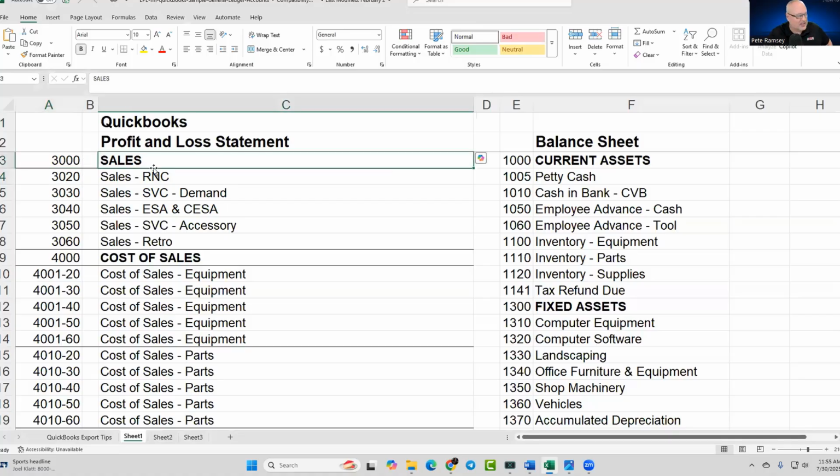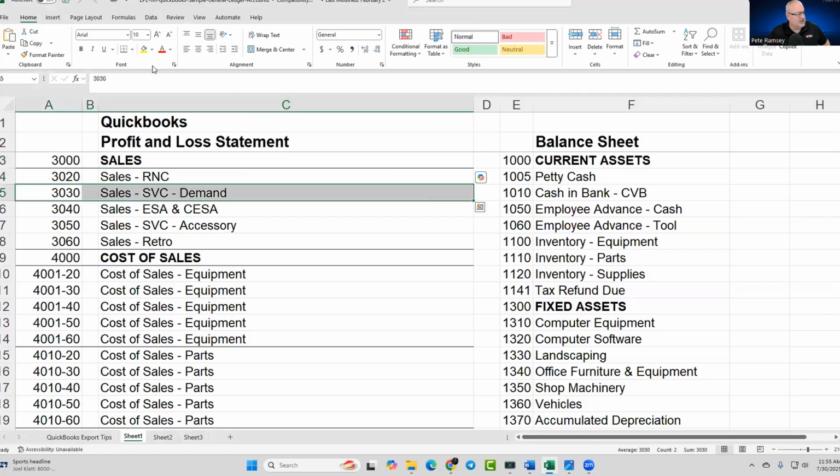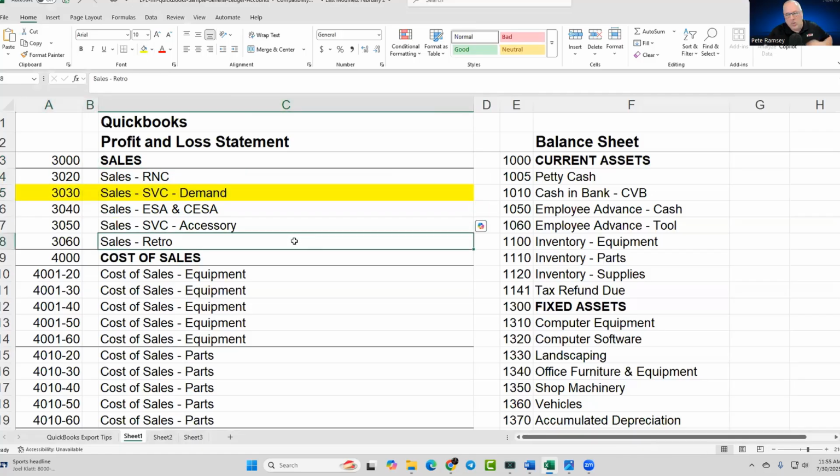But instead of just saying, hey, this is a sale, what if it was a demand service call? So I'm going to make this yellow. So when we got a repair ticket and we entered in that $500 repair, it would go into category 3030. Now that's a subset of 3,000 of sales.